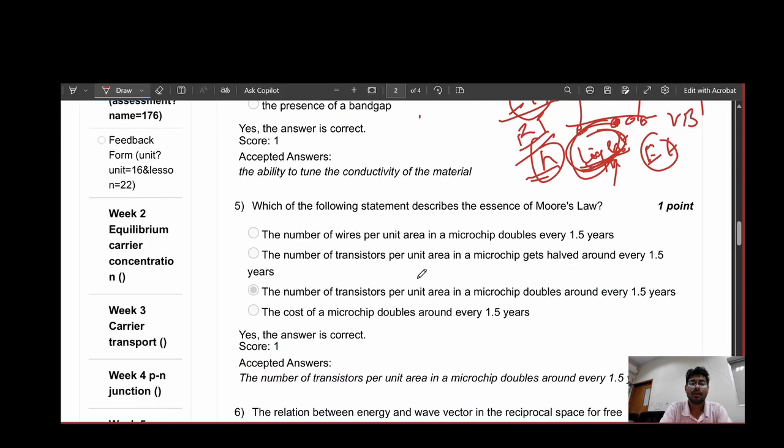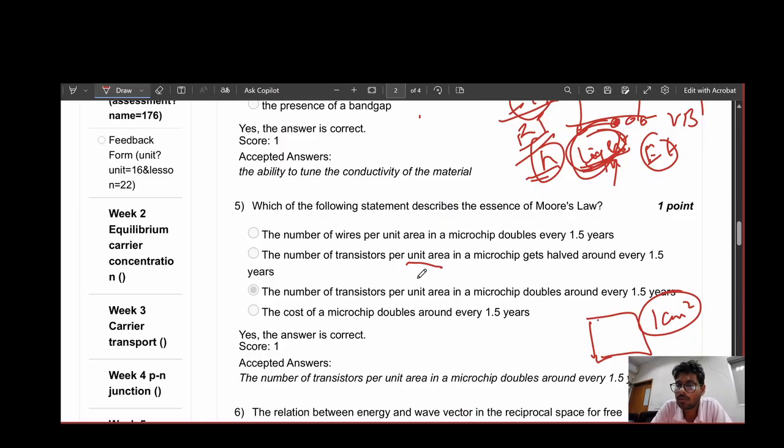Okay, and which of the following statements describes the essence of Moore's law? Moore said that the number of transistors in a semiconductor material, let us say in 1 centimeter square area, per unit area of the microchip, will get doubled.